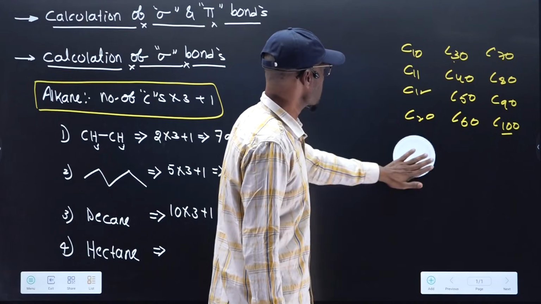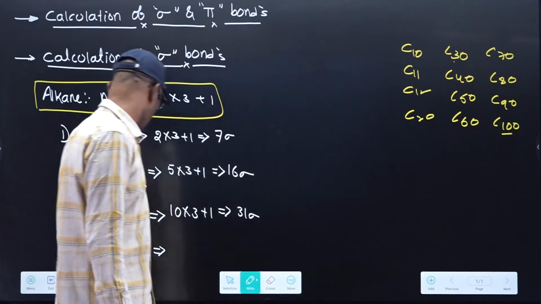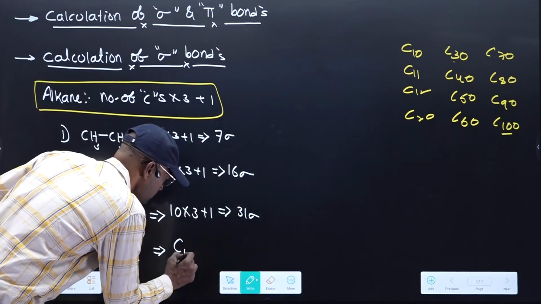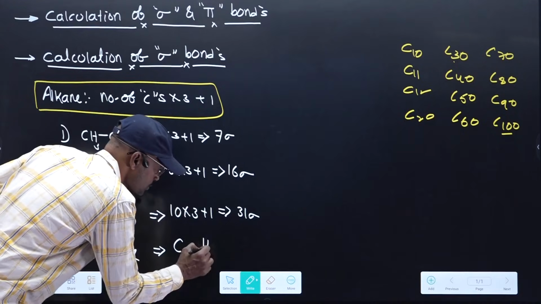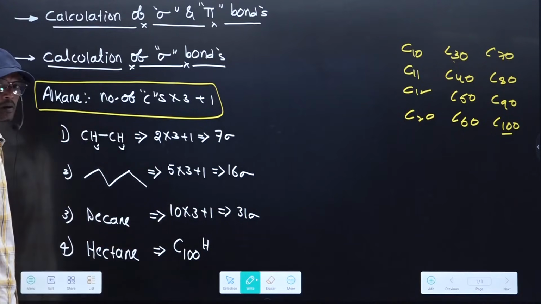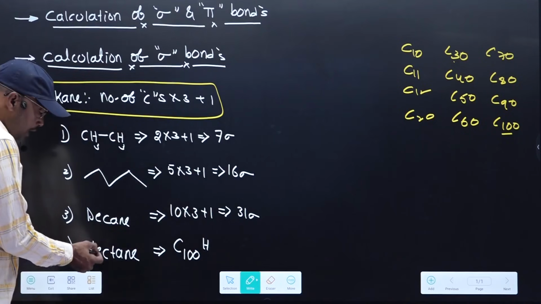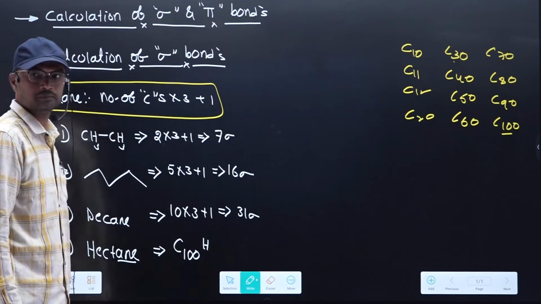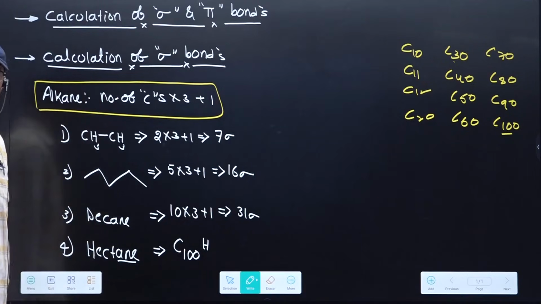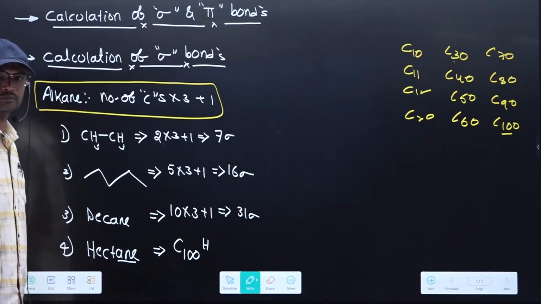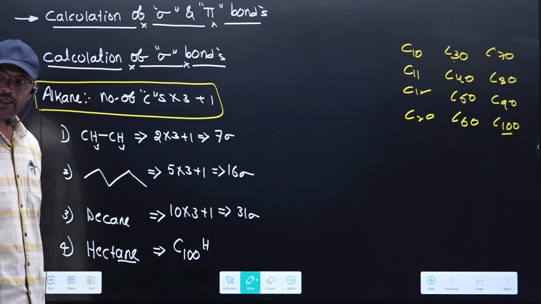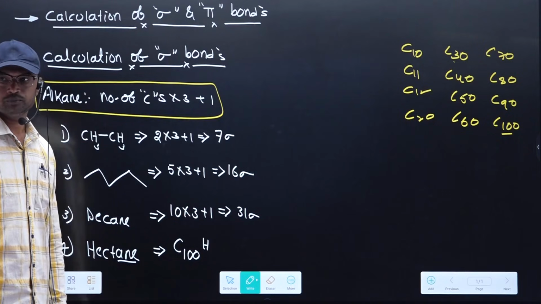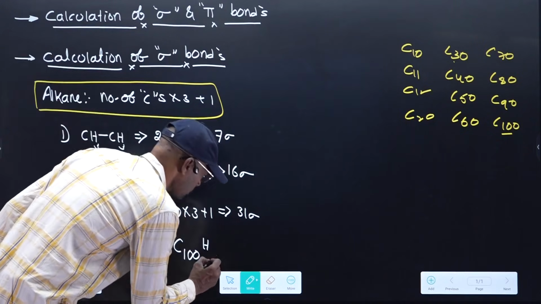This is not our concept, but you need to know whether it is alkane or alkene. So how many carbons are present? 100 carbons. Then how many hydrogens? In an alkane, if 100 carbons are present, how many hydrogens are present? What is the alkane general formula? CnH2n plus 2. 2 into 100, 200 plus 2, is it 202 or not?